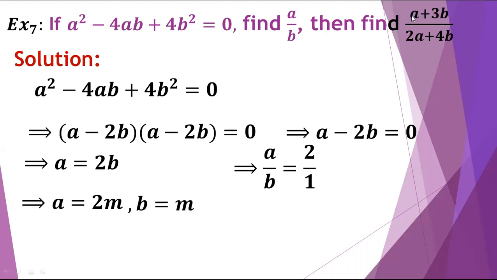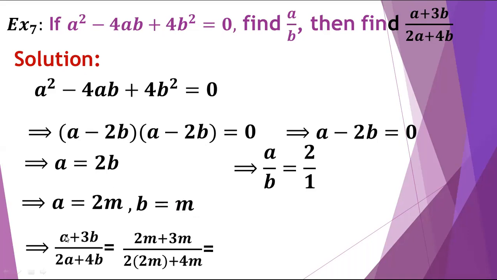Now we can replace a by 2m, and we can replace b by m. So a plus 3b is going to be 2m plus 3m over 2a is going to be 2 times 2m, and 4b is going to be 4 times m, or 4m. 2m plus 3m, like terms, we can add them. 2m plus 3m equals 5m, and 2 times 2m is 4m. 4m plus 4m equals 8m.